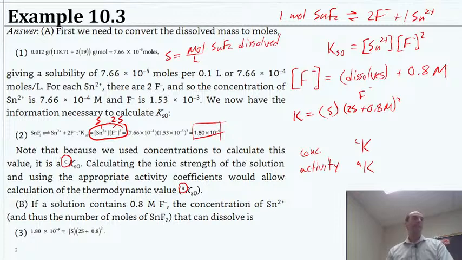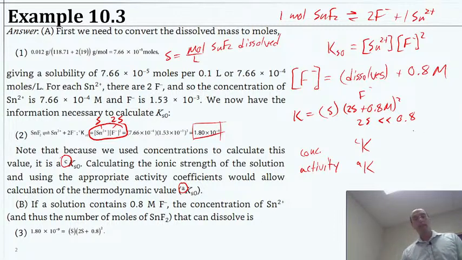So if we think that S is at most something like 10 to the minus fourth, then the comparison of 2S to 0.8 is quite small. So it's a rounding error of at least the fourth decimal place, right? To add that 2S to the 0.8 would be like 0.80001 or something like that. So in that case, 2S should be a lot smaller than 0.8, even if this addition of the NaF made no difference.